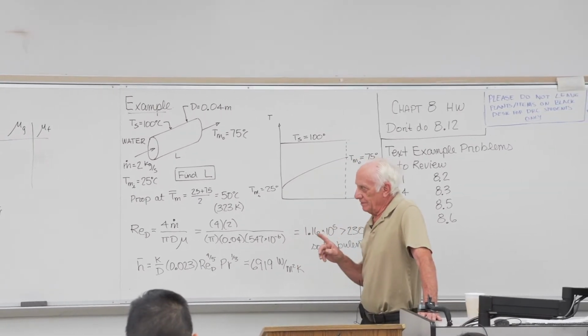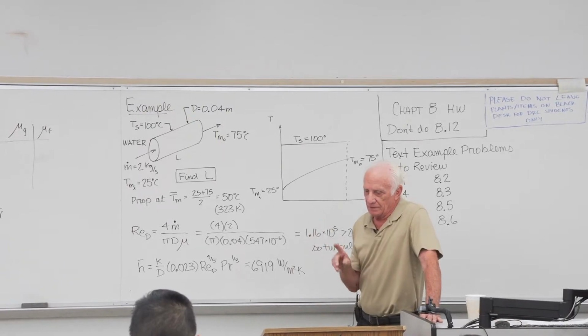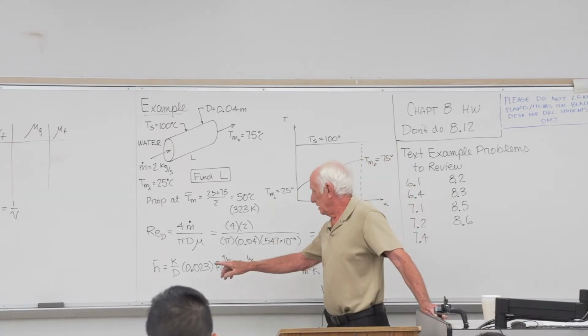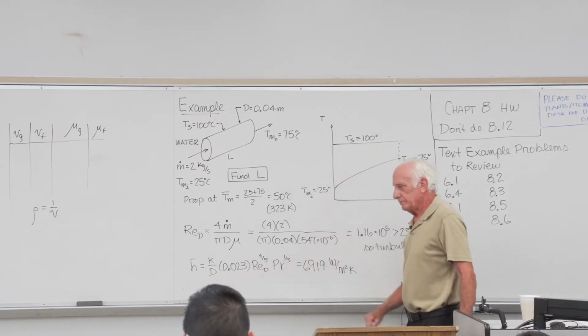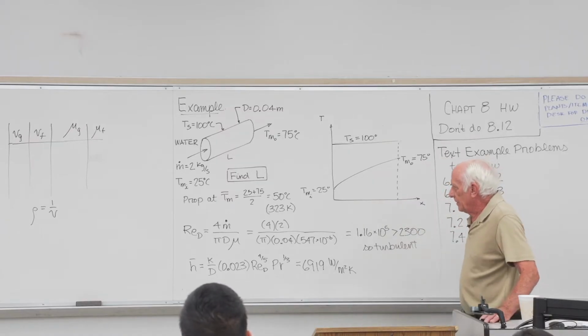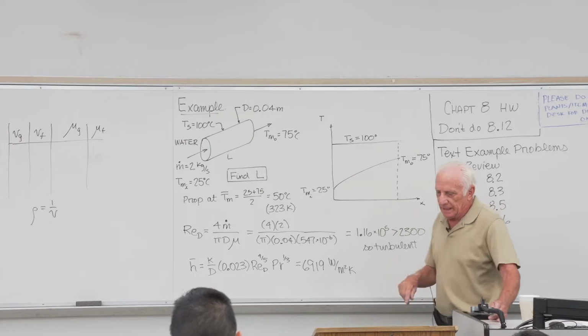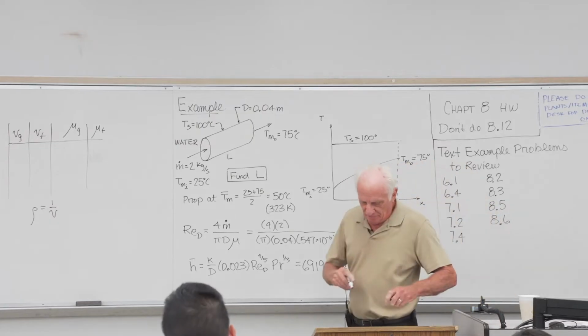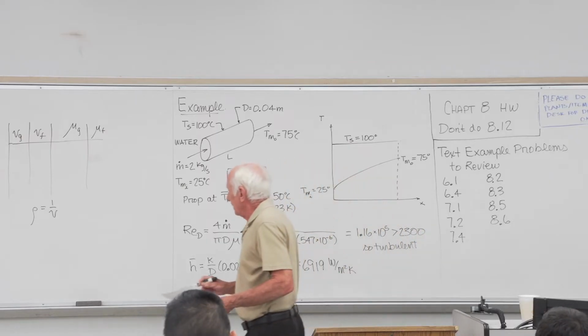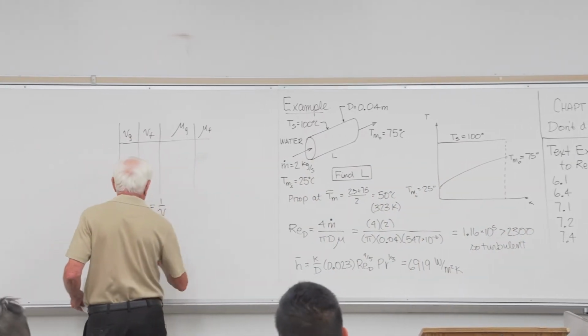It doesn't matter if the temperature profiles are developed or not. We said we're only going to use equation 8.60 if it's turbulent flow. Okay, there it is. If the numbers are, of course, all known now, put them in there and get 6919 for h bar. Okay, so that's step one.